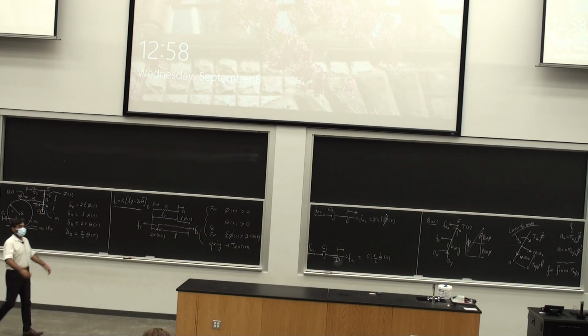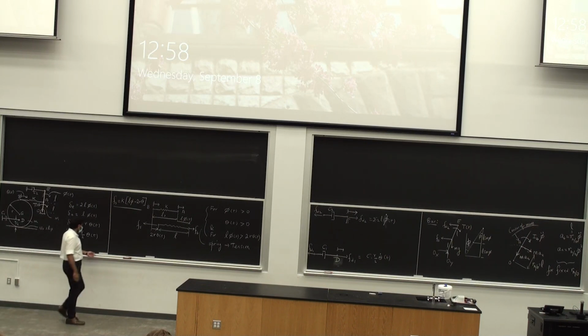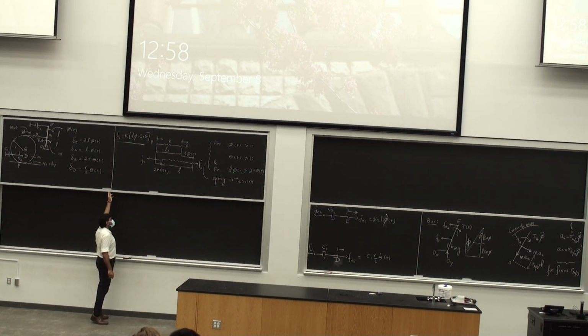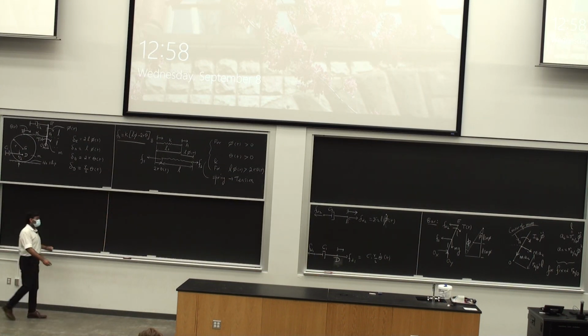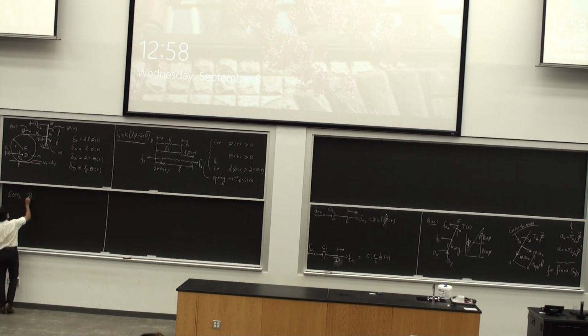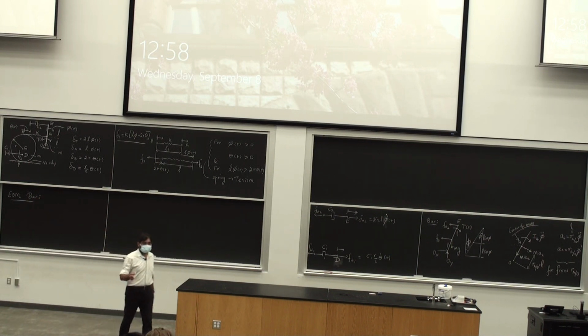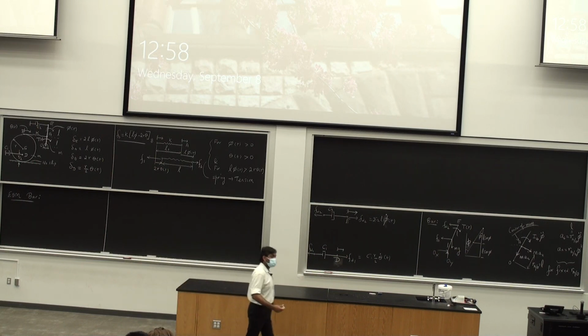Okay, moving on. I'm going to leave this as a thought exercise for you, but I'll just write out the details. The equation of motion for the bar. Always remember, equations of motion should not contain the constraint forces, or it should not contain any of the constraints of the problem.